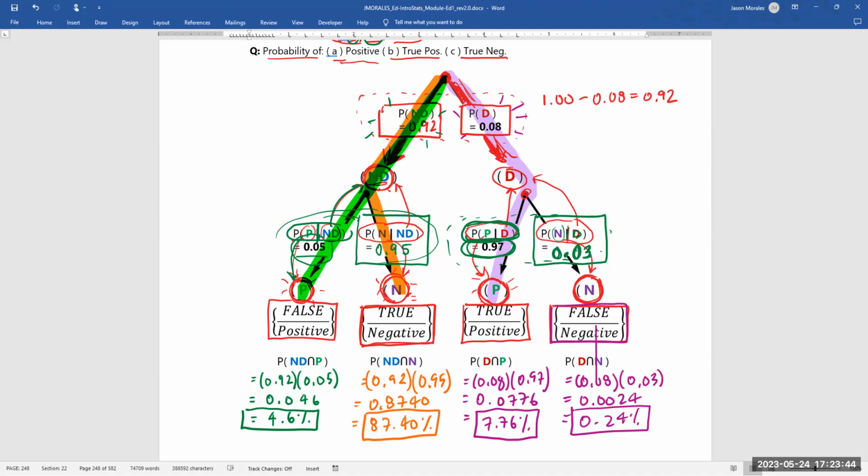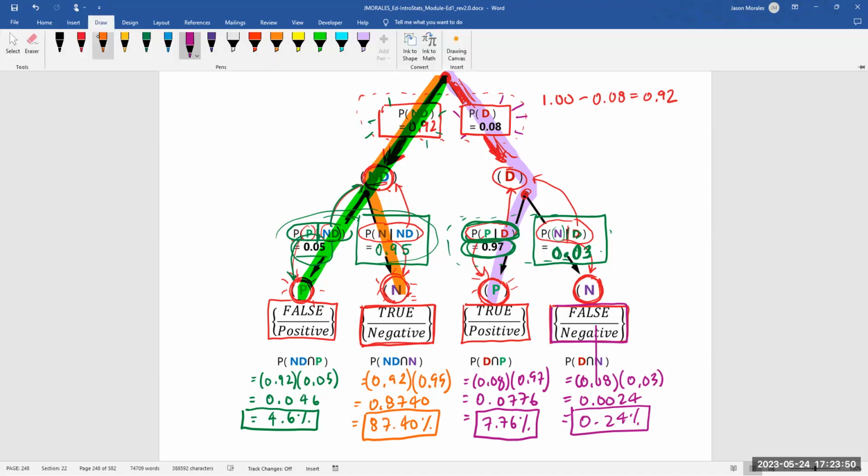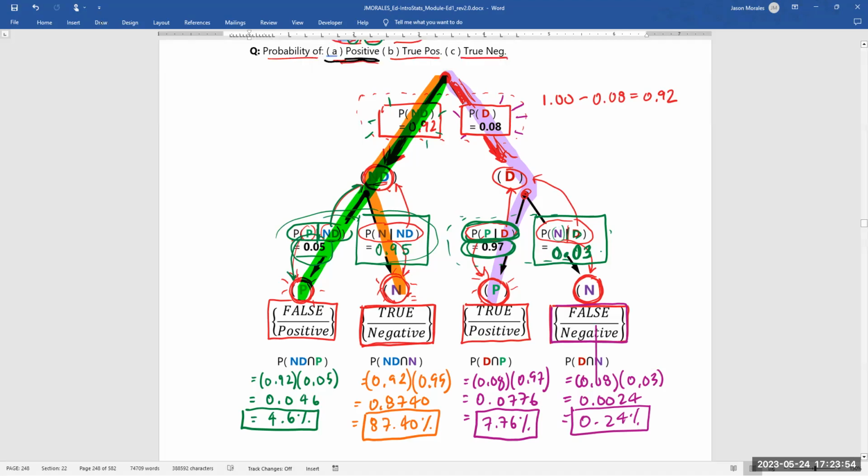Okay, so we wanted to know what was the probability of a positive test result? Well, we have a positive test result here, and we have a positive test result here.